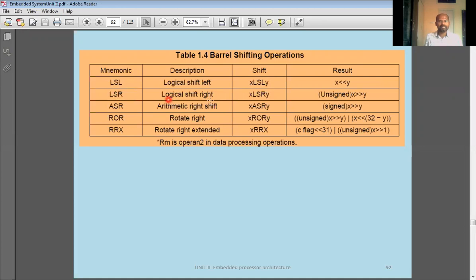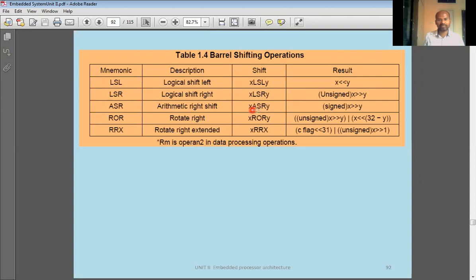LSR means logical shift right, and this is how this instruction executes. ASR means arithmetic right shift, and this is the X register, Y register. In between we write ASR.